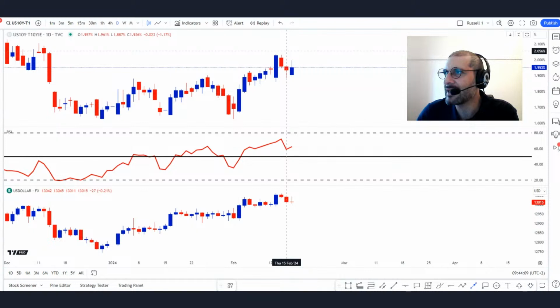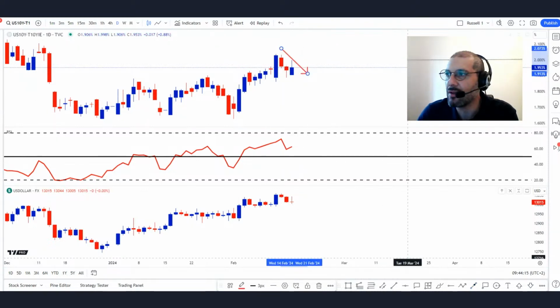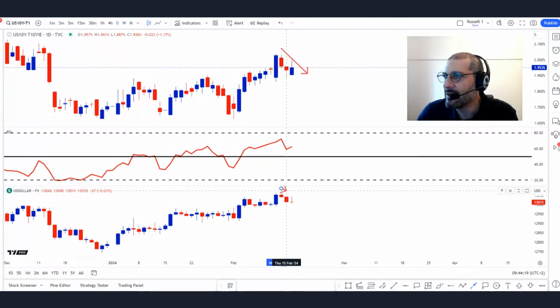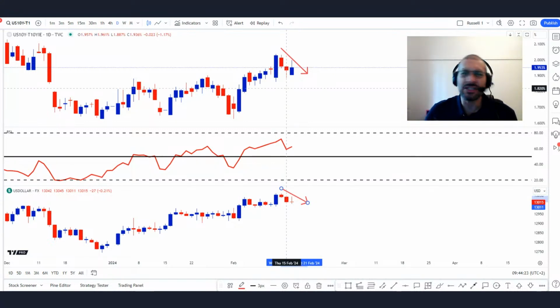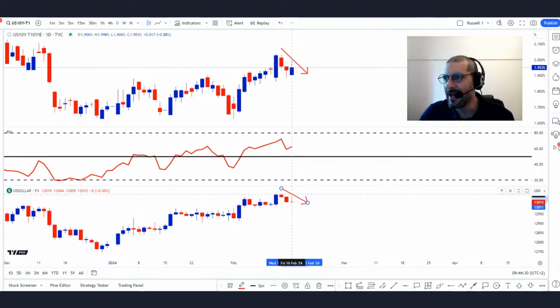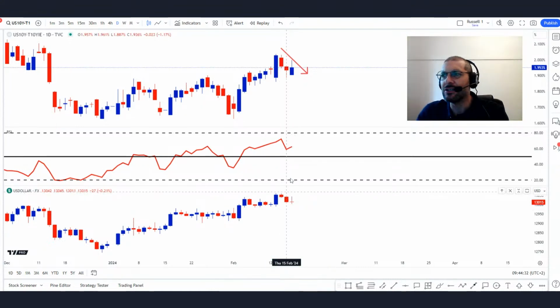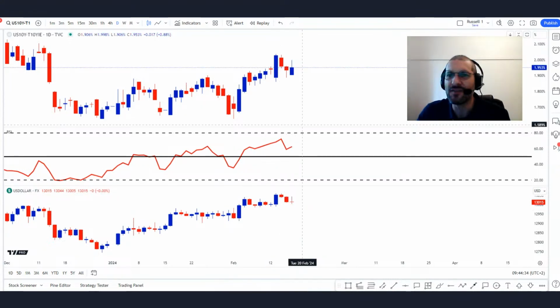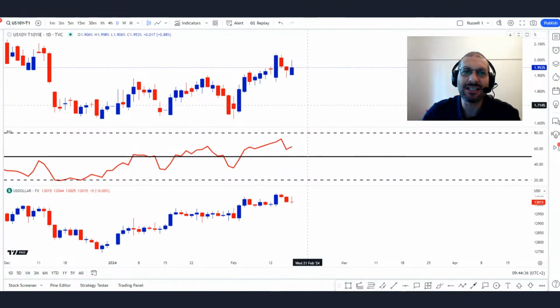We do have the real rate moving down over the last, let's call it the last 3 trading days, and the US dollar feeling that as well. So that's very near-term. There's still tight correlation there. But to start the week, let's try and get some sort of sentiment movement.